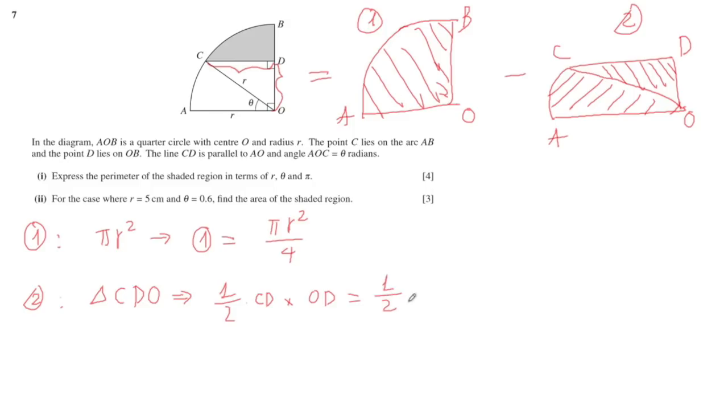CD is r cos phi, and OD is r times sine phi. So this will be equal to r squared sine phi cos phi divided by 2.